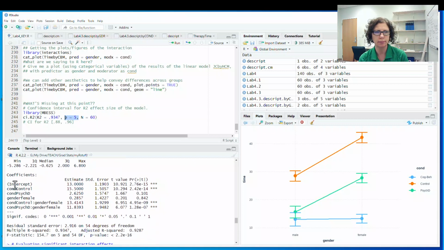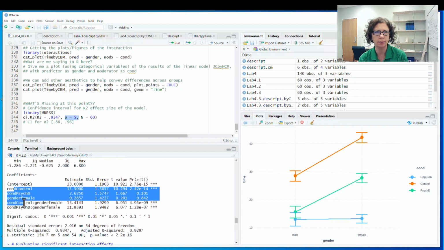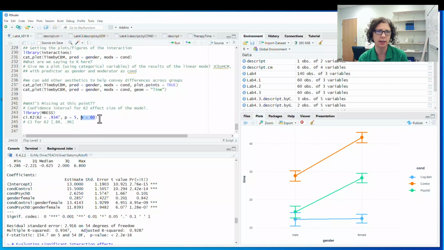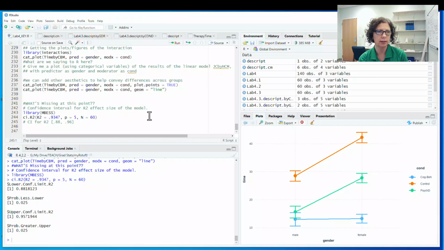Yeah. So we have our intercept, and then we have all of those estimates of regression weights. And then our sample size was 60. So when you run that, we see that our lower limit was 0.88, and our upper limit was 0.96, and that would be what we need for our write-up.